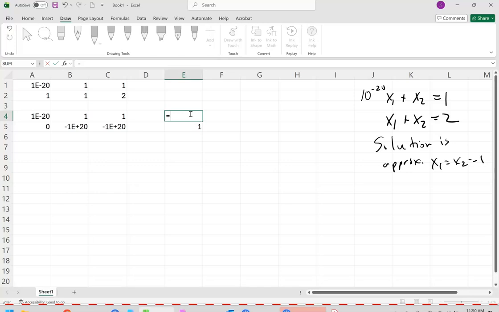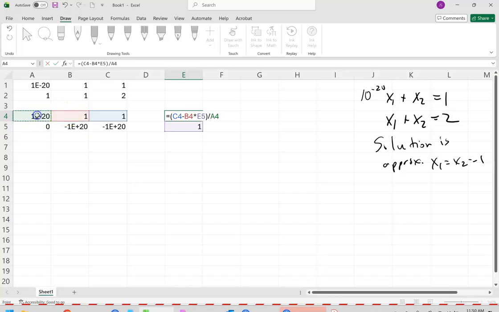So how do I do this one? I need to take that number and I've got to subtract that times that. See what the issue is going to be here in a minute. What's that computation going to give me? 0, right?